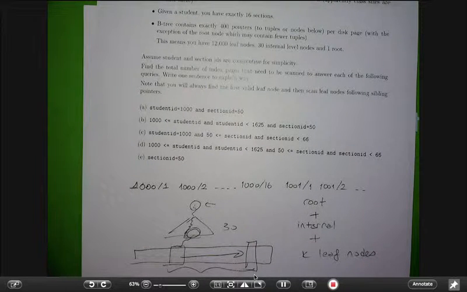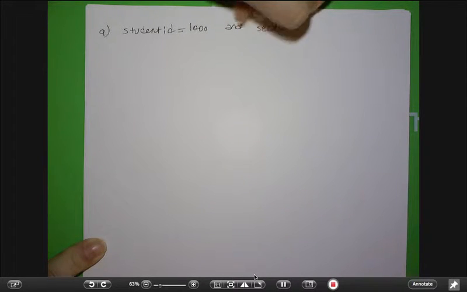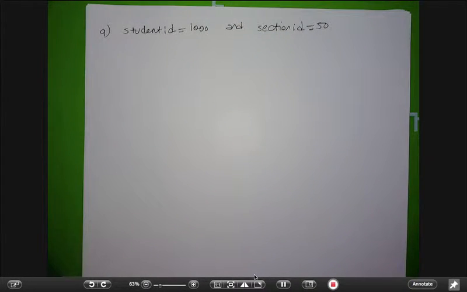So let's write down these conditions one by one. One of them is student ID equals 1000 and section ID is 50. How many leaf nodes do I have to scan to find this? One, right?